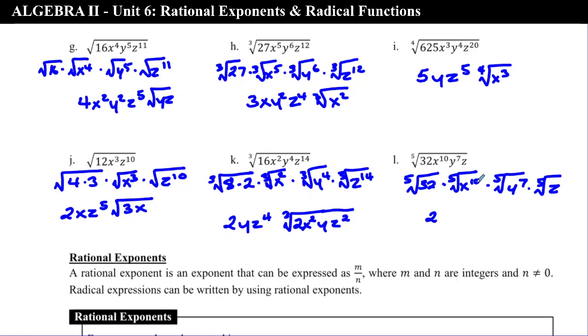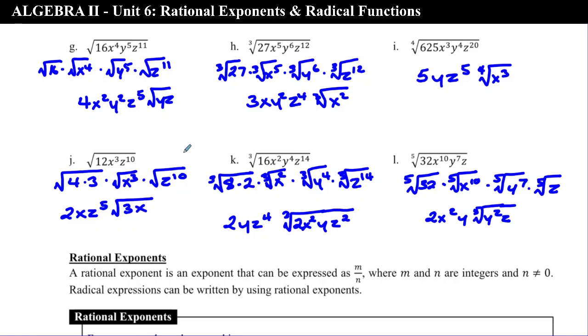X, we've got 10 divided by 5, that's going to be x squared. 7 divided by 5 is 1 with 2 left over, so we're going to have a y squared left in this fifth root. And then we've got the z left over in the fifth root as well, because 1 divided by 5, you don't have anything coming out.